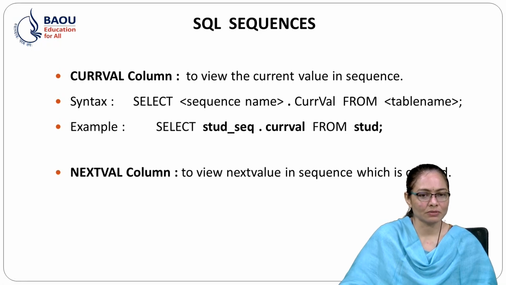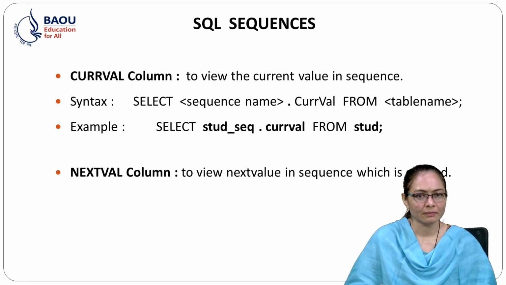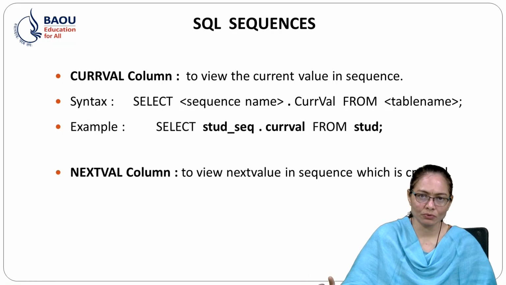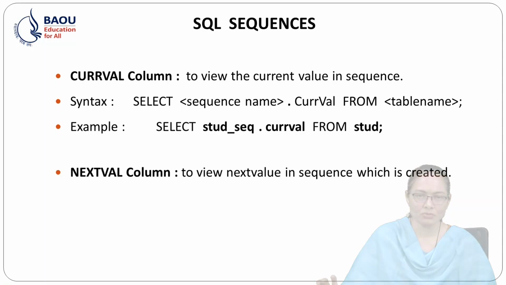Now, what is the use of the next value? Nextval column: once the sequence is created, SQL can be used to view the value stored in the cache. Then the nextval pseudo column is used to view the next value in a sequence which is created.